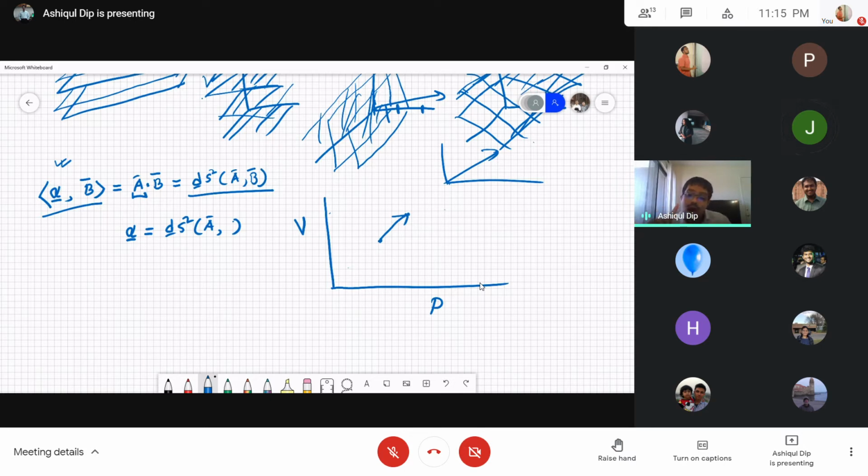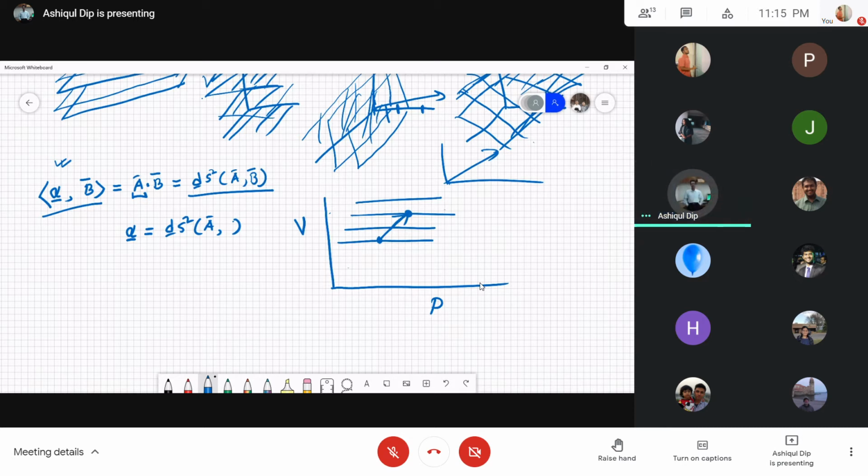Also, we can define one forms, like change of pressure. On the PV diagram, say these are my constant pressure surfaces. You still have that piercing: when you go from this point to that point, you cut two surfaces of pressure. So that piercing is 2, but you do not have a definition of length here.